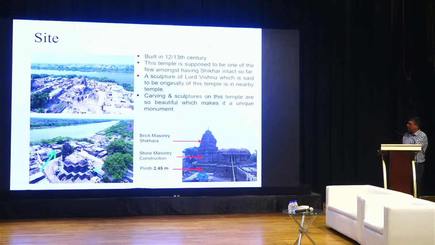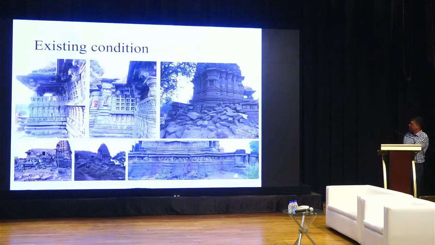During the earthquake, it got damaged. This is the west side, the back side of the temple, where you can see that the entire plinth has collapsed. Also, the north side has collapsed, and the shikhara has a tilt of 6 degrees.